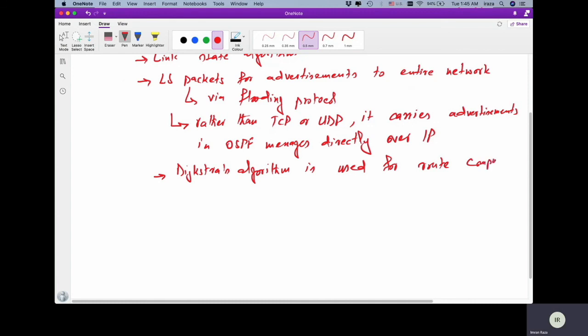And OSPF has some advanced features that are not there in other routing protocols such as RIP. So it has some advanced features that I want to talk about.